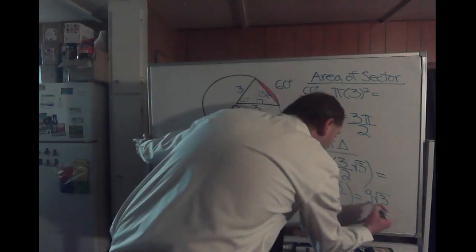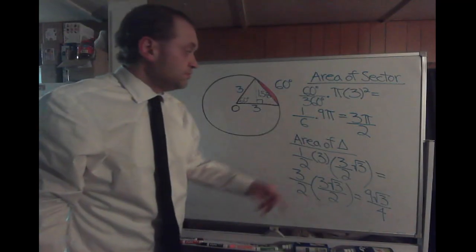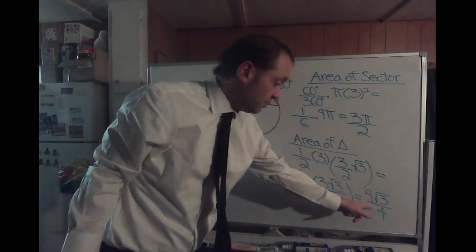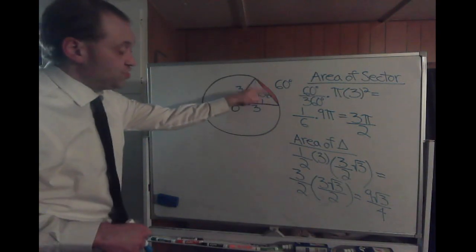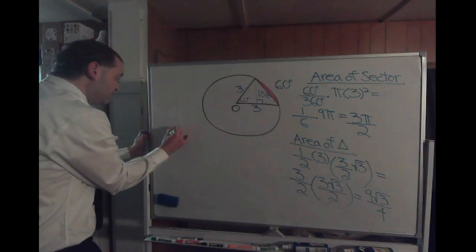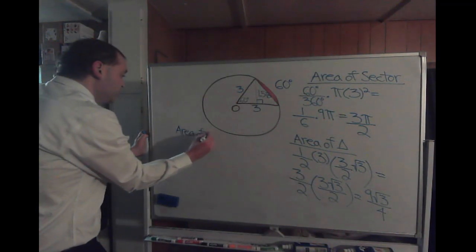So now we know the area of the sector, 3 pi over 2. Then we know the area of the triangle would be 9 times the square root of 3 over 4. Now to find the area of the shaded red region, you just take the area of the sector, which would be 3 pi over 2, let me write this, area of shaded region.